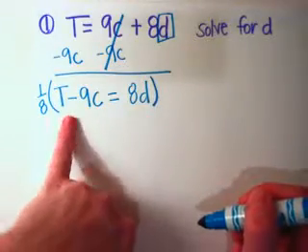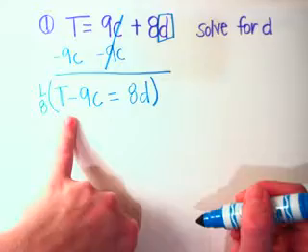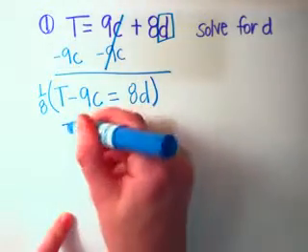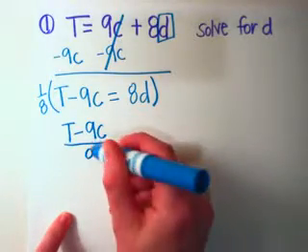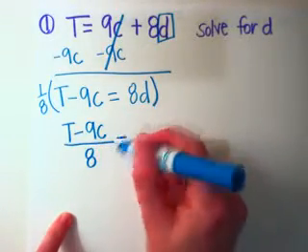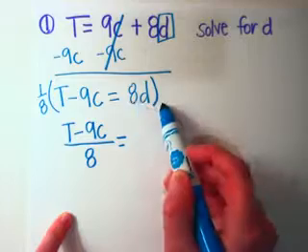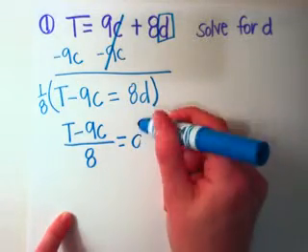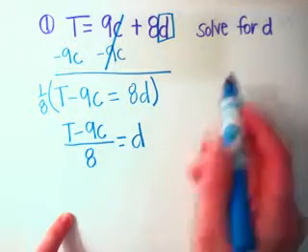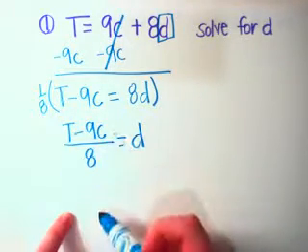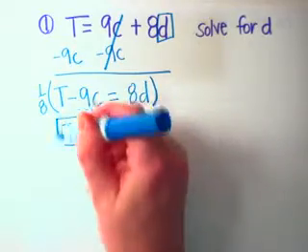Now, when I multiply the left-hand side by 1/8, that's going to be the same as saying t minus 9c all over 8. And 1/8 times 8d is 1d, or just d. d is alone, so I have now solved for d. d is equal to t minus 9c divided by 8.